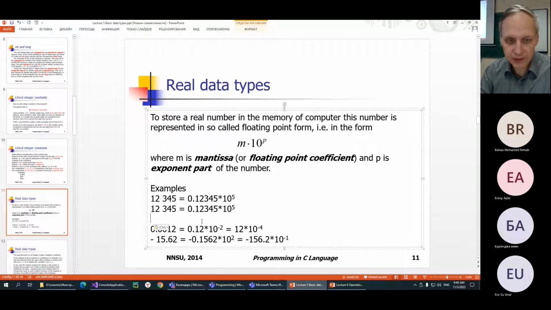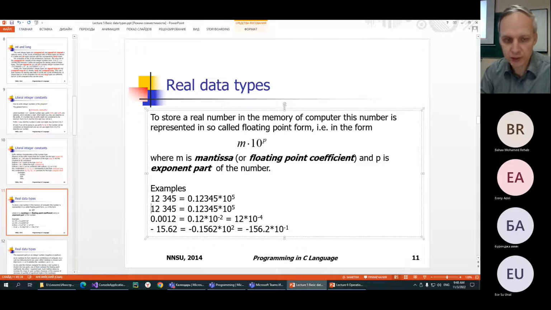Unfortunately, if we don't make any other suppositions, this number can be written in different forms. For example, I can write it as 12.345 times 10 power 3. So without other suppositions, this notation is not unique.